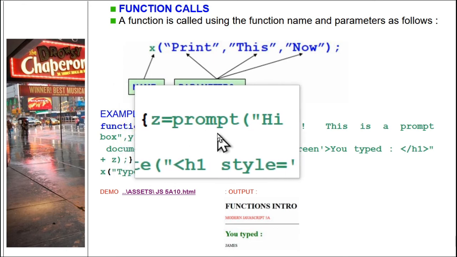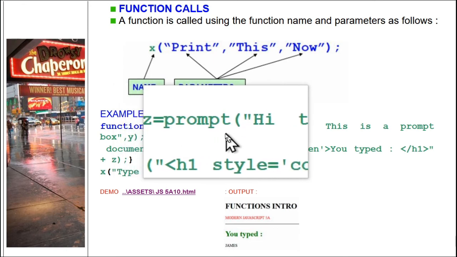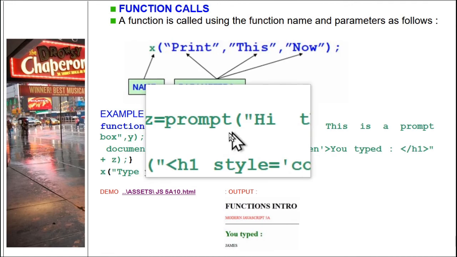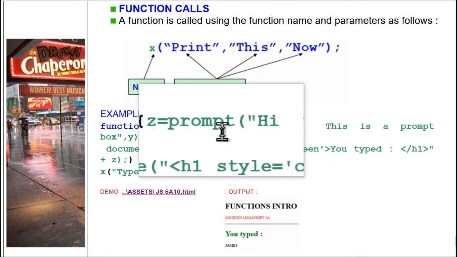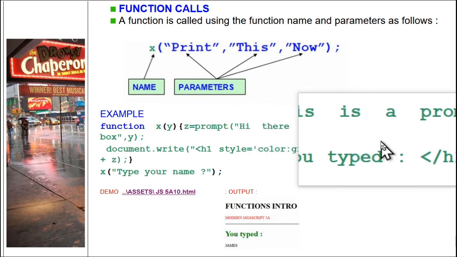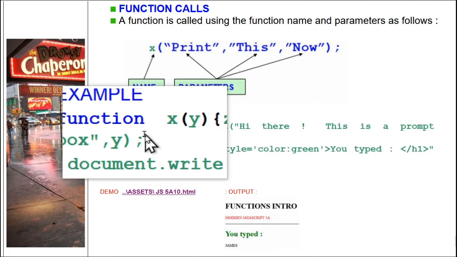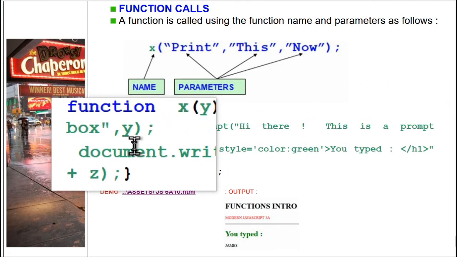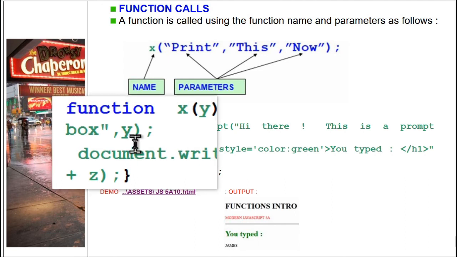And in the code we put in whatever we want it to do. So in the code we have a prompt command. And it says, hi there, this is a prompt. And then what it will do is, it will put your parameter that was passed, y, in the prompt command.